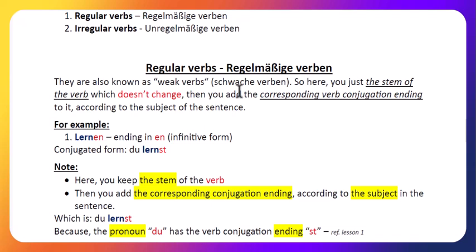The verb stem is the verb before the ending of the infinitive form of a verb. Like learning, the infinitive form of the verb to learn. Any verb ending with en or n is the infinitive form.